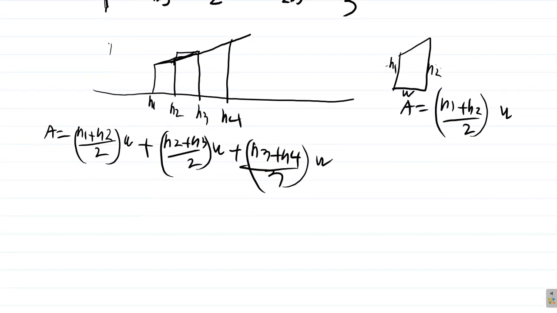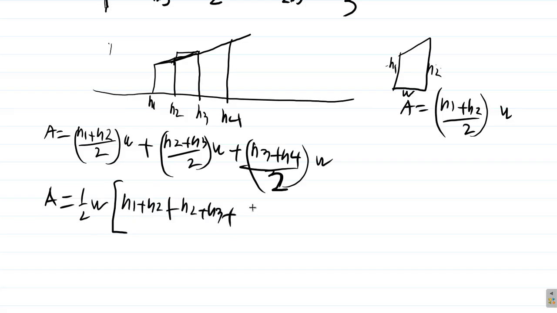You wouldn't have to go through all this if you remember the formula. This is rough work I'm doing here. Factor out the width and the half. The half applies to all of them. So it's half the width in brackets, H1 plus H2 plus H2 plus H3 plus H3 plus H4.